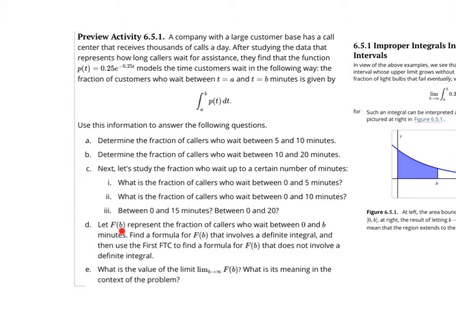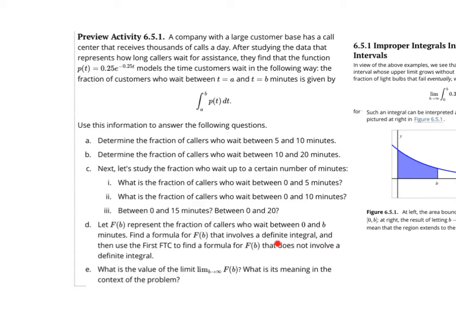Then capital F of B is going to be the fraction of callers who wait between 0 and B minutes. In other words, instead of both of these being numbers, we're going from 0 to B. They're asking you to find a formula for F of B that involves a definite integral.